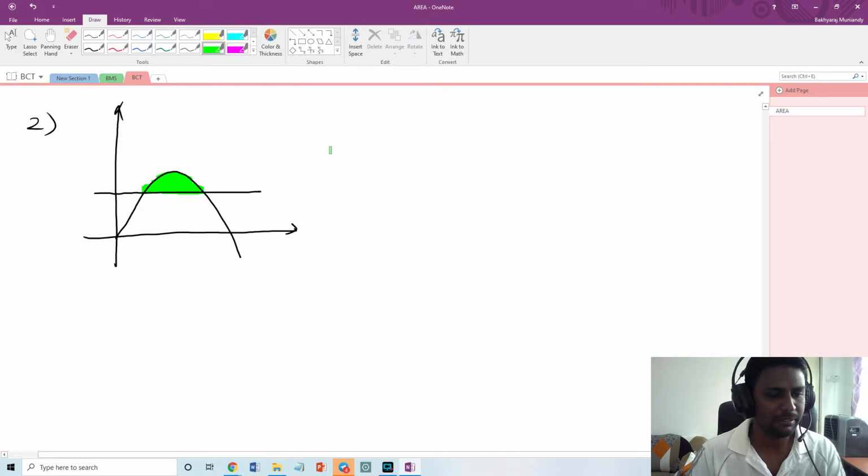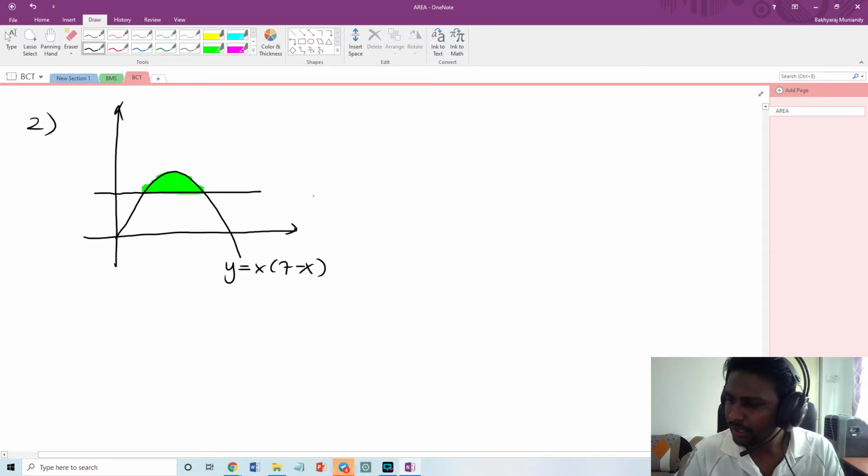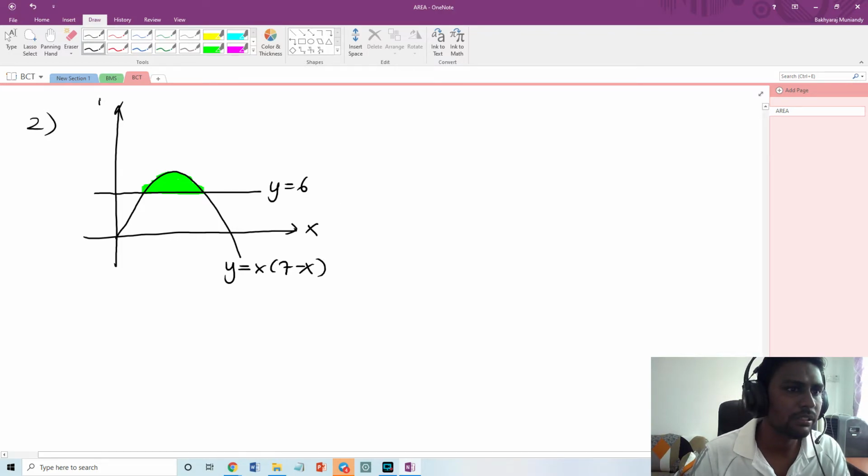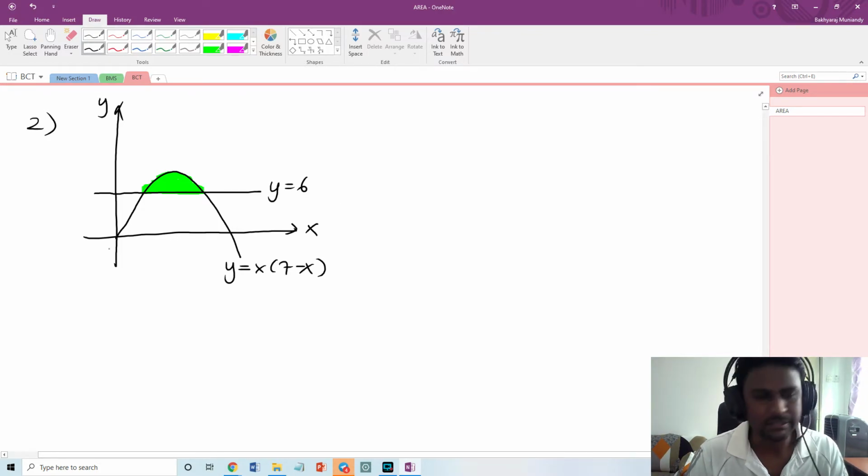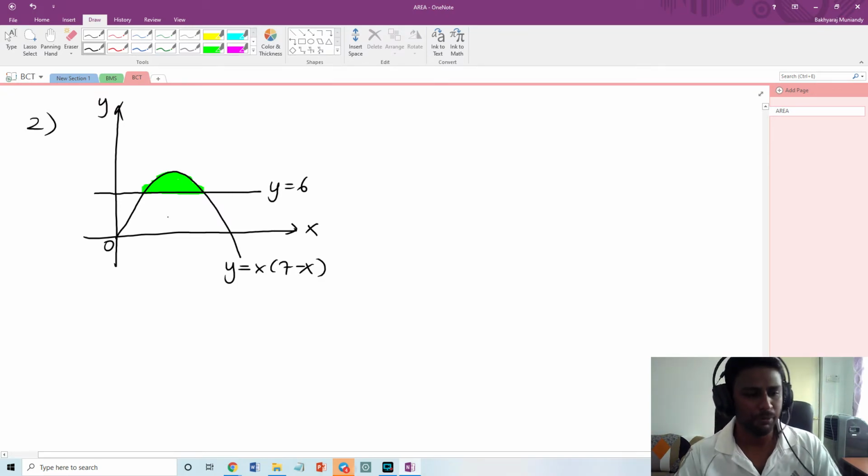Okay, this is my shaded region. So the function I have here is y equal x times 7 minus x. Here I have y equals to 6, x-axis, y-axis. Here is 0. Okay, so this is my problem.